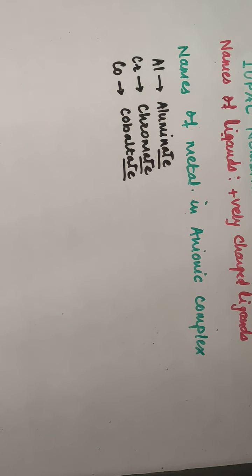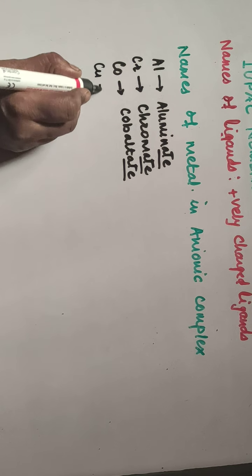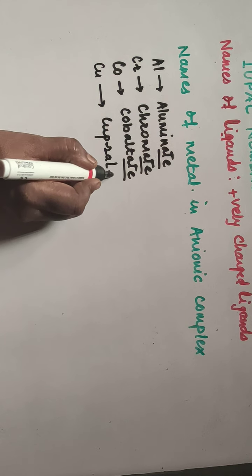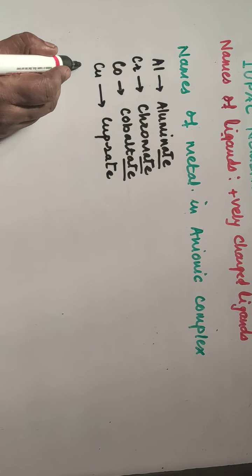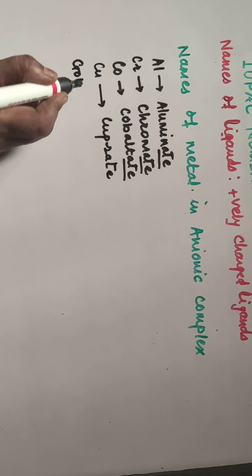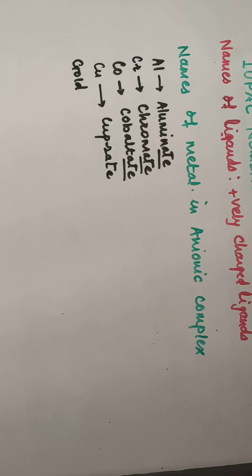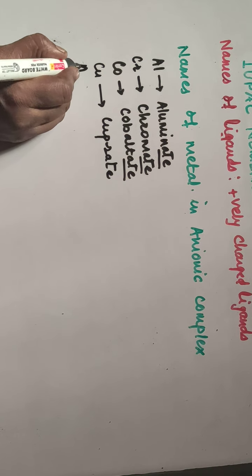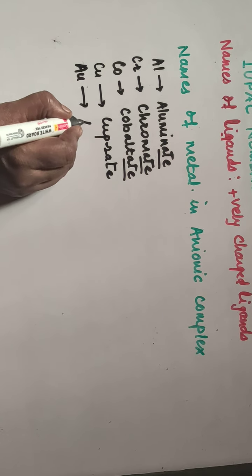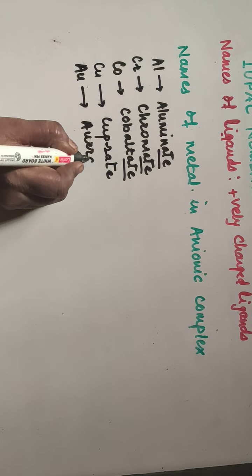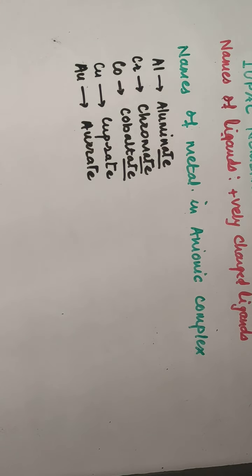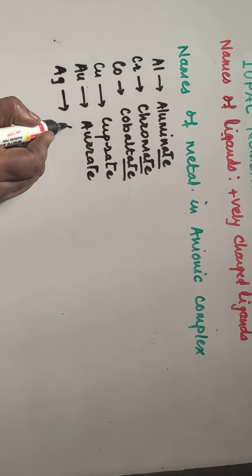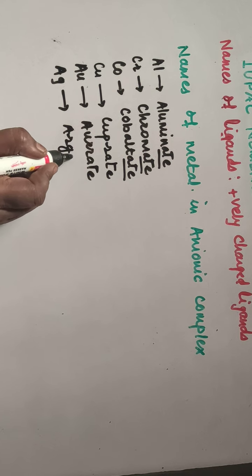Then one more is copper. It is cuprate. Then gold, symbol is Au, and it is aurate. Then if you consider Ag, it is silver and it is argentate.